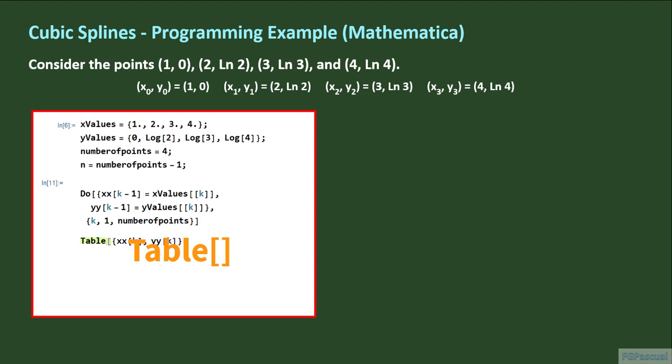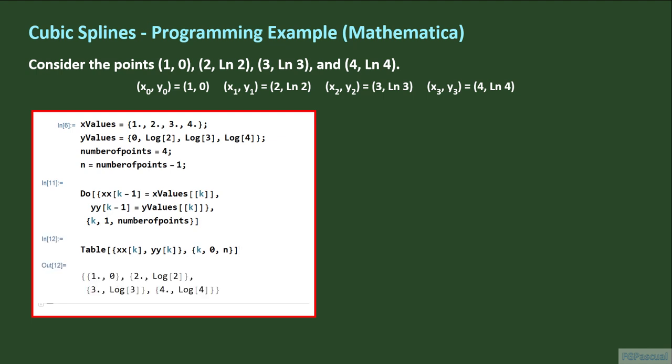And I would tell Mathematica to show the coordinates from k equals 0 through n. This time we are starting k and ending k with the indices that we are actually using for our coordinates. We press the Shift and Enter keys and get the listing of the points. Well, we don't really need to see the table command and the output, and so we delete the table command and the output.